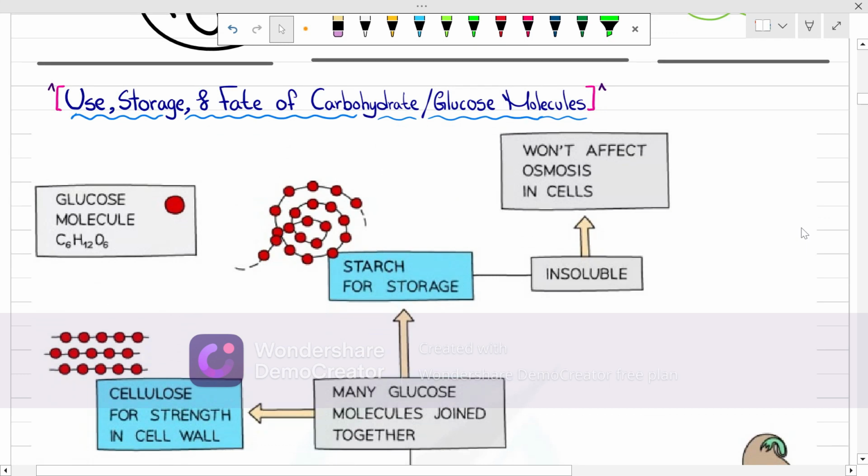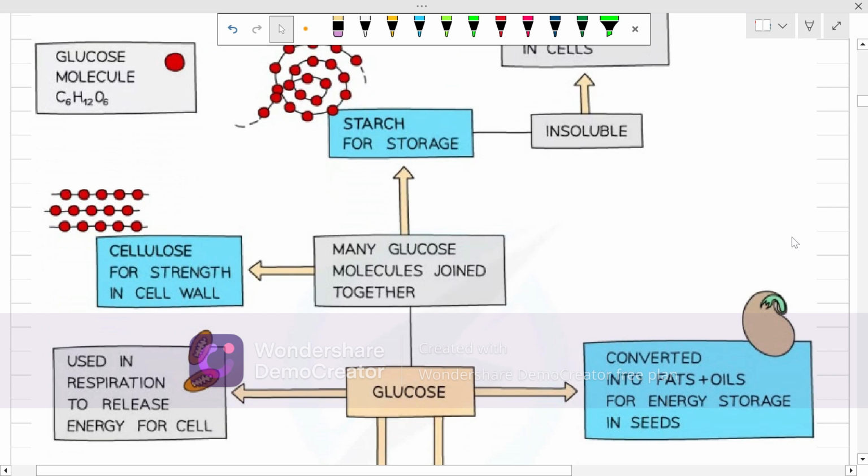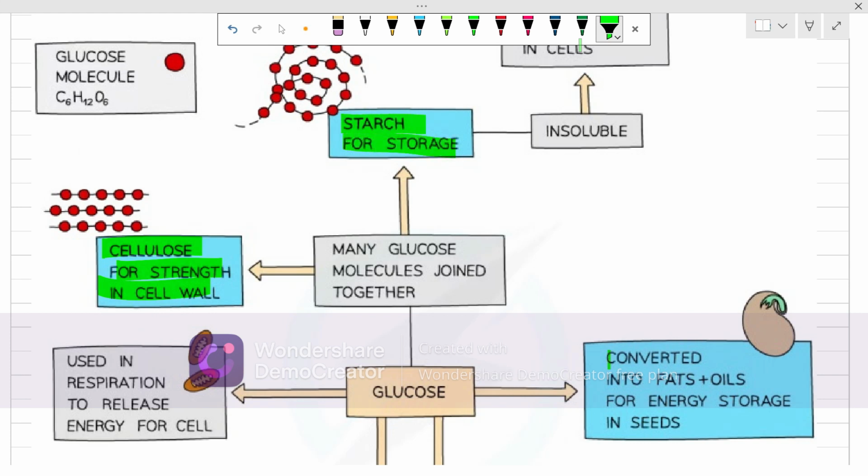The use, storage, and fate of carbohydrate and glucose molecules. So carbohydrate or glucose molecules, they are used for cellulose for strength in the cell wall. They are converted into starch for storage. They're converted into fats and oils for energy storage in seeds.